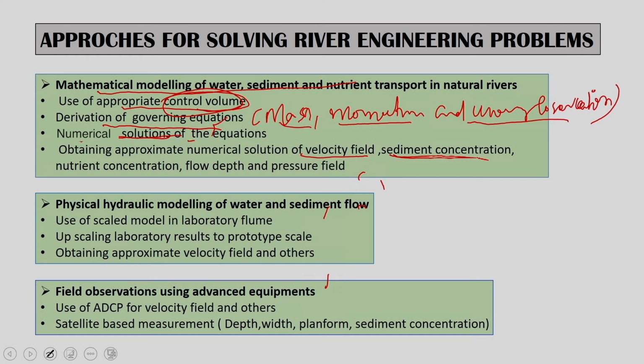That is what I try to get as solutions. Similarly, if I talk about nutrients, flow depth and the pressure field, basically we try to get these characteristics of the rivers in terms of hydrodynamics and in terms of the fluvial aspects, meaning sediment, nutrient and energy dissipation. We look at all these components after conducting numerical solutions of these governing equations, in terms of mass, momentum and energy equations, as we most often follow in fluid mechanics problems.